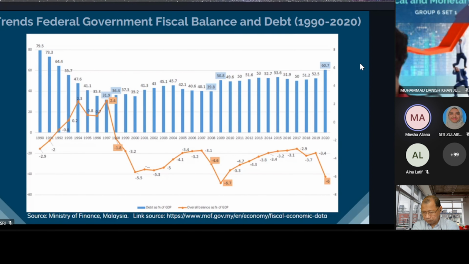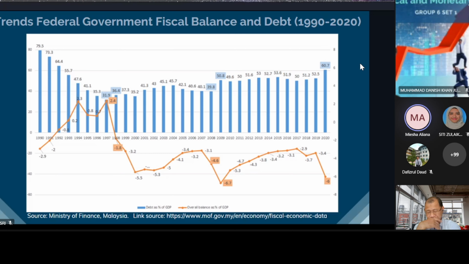In 2008 and 2009, the global financial crisis was triggered by the subprime mortgage in the US housing market, which nearly paralyzed the global financial system. The government introduced two stimulus packages worth 67 billion ringgit.